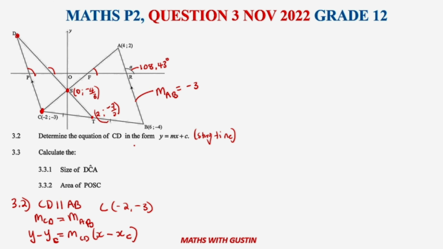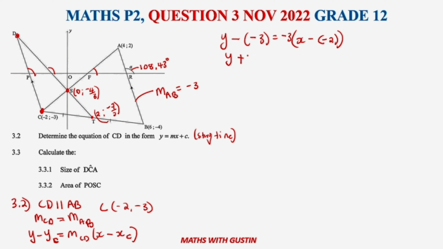Okay, so with that, let us substitute this into this equation right here. Our y minus, minus y at C, which is minus 3, is equal to the gradient, minus 3, close bracket, x minus, minus. Please don't forget the negative signs, guys. This could be really a nightmare if you don't account for them, because they have the potential of changing the sign.